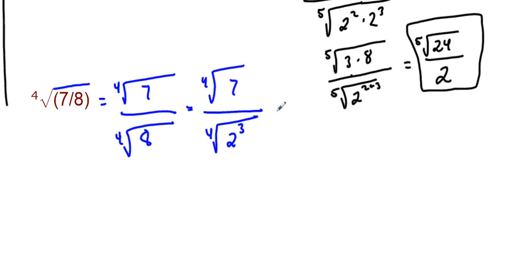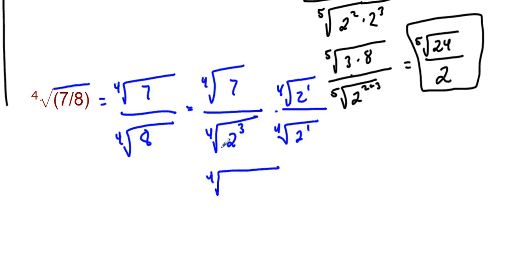Well, that means in order to get rid of this, I need to have another 2 here. So I'm going to multiply the bottom by the fourth root of 2 to the first, and on top, I'm going to multiply by the fourth root of 2 to the first, because that's what I have to do. When we do that, we can combine these, because they are all the same roots, fourth root, fourth root. So we have 7 times 2, which will be 14.